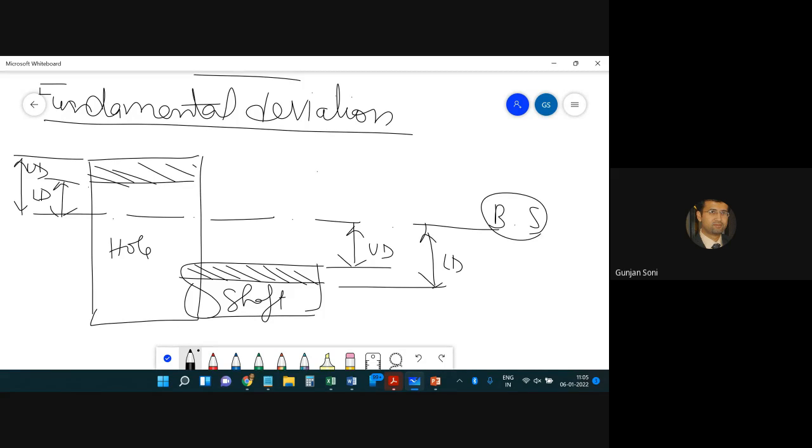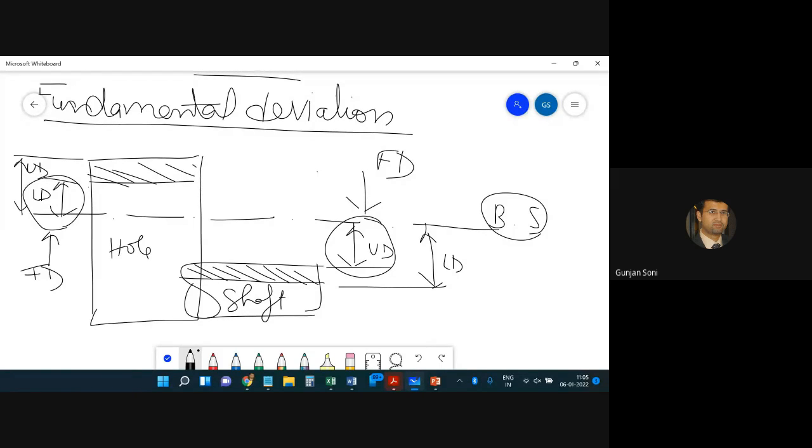So as per the definition of fundamental deviation, the minimum difference between the size of a component and its basic size, in case of hole it will be lower deviation here, and in case of shaft it will be upper deviation here as the fundamental deviation.